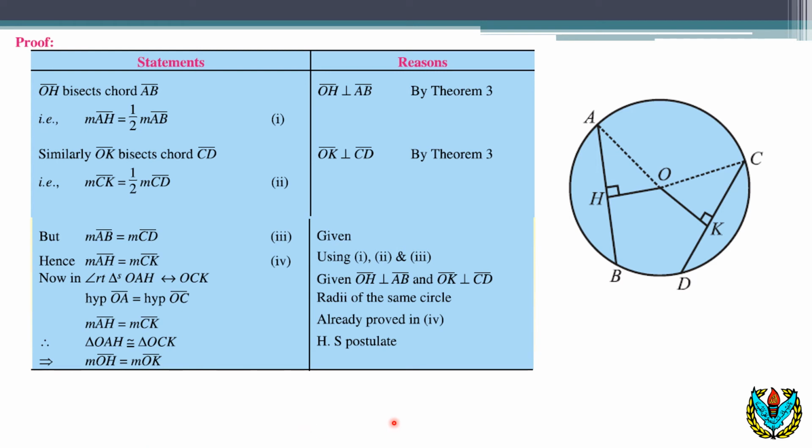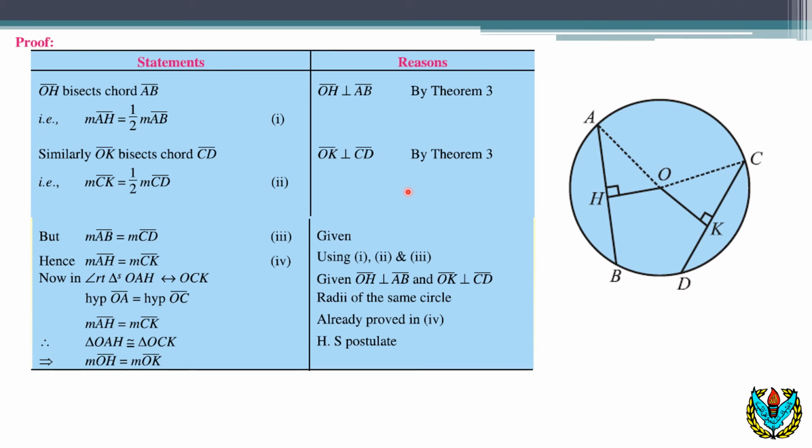If two right angle triangles are congruent, then all their respective parts will be congruent, means OH is also congruent to OK. We may write here corresponding sides of congruent triangles. That is missing here in the textbook. You people can write corresponding sides of right angle triangles.